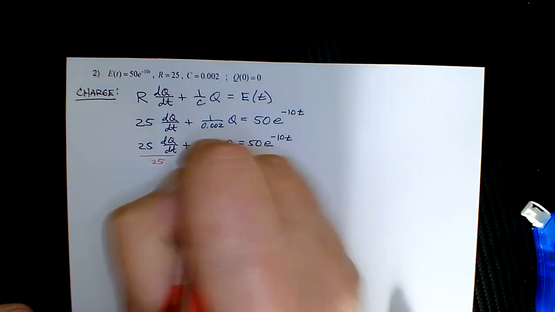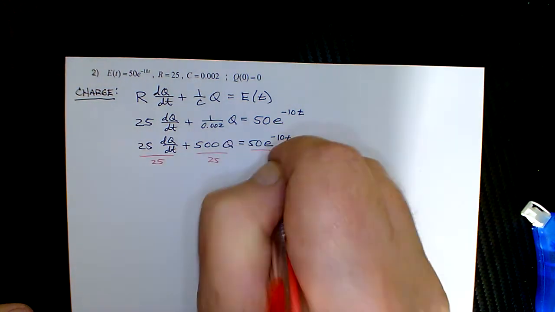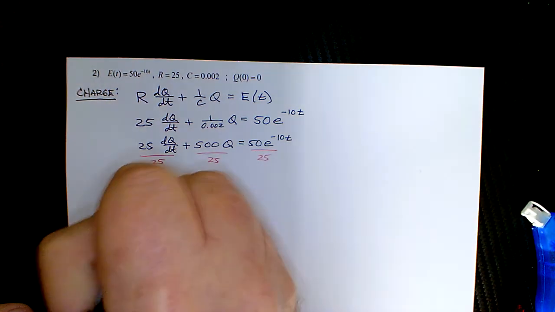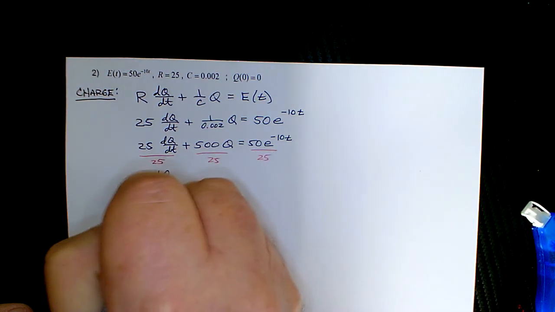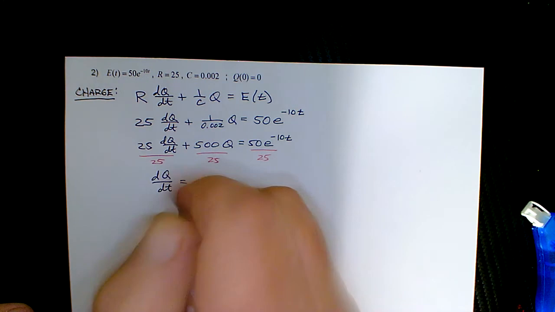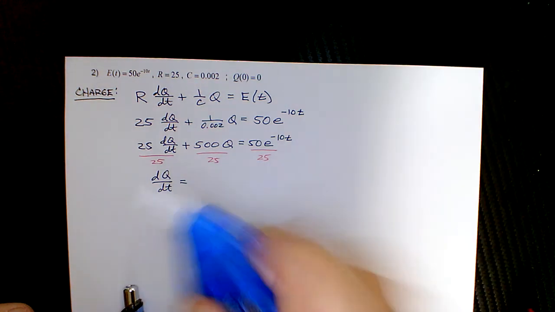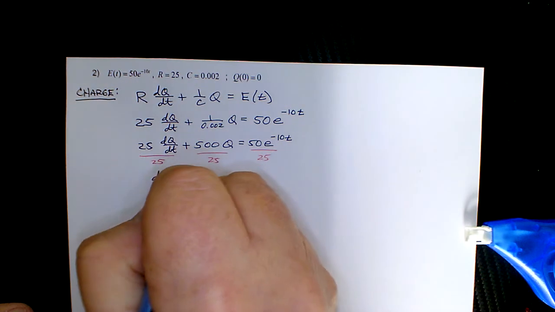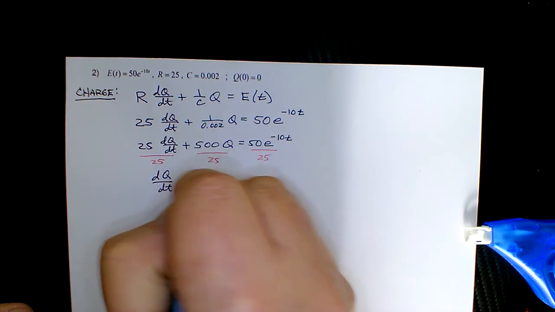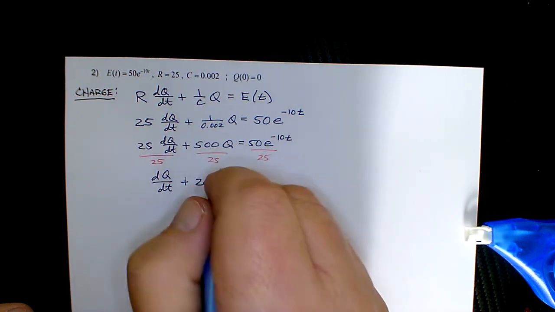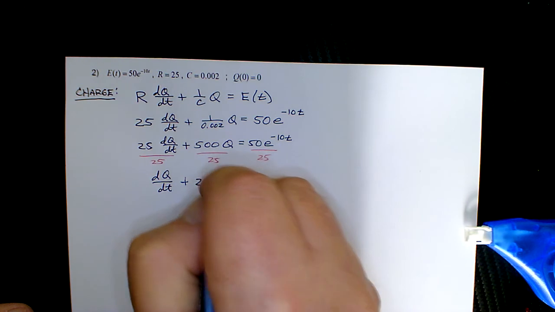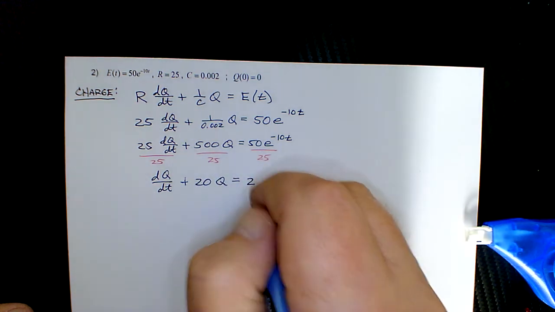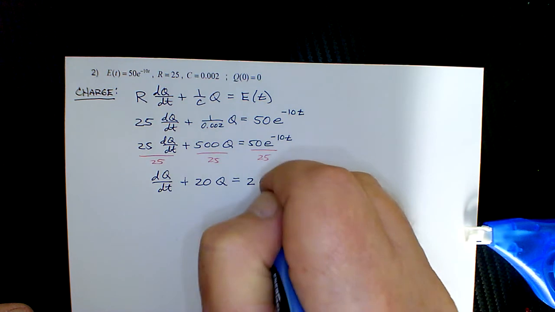So we isolate the dq dt by dividing everything by 25. So dq dt plus 500 divided by 25 is 20 q equaling 2 e to the negative 10t.